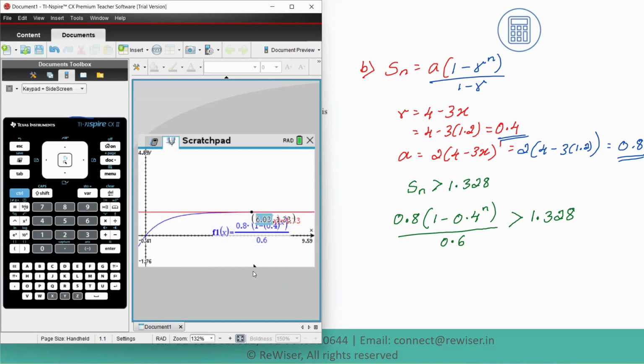Now, when the value of n is greater than 6.03, the blue graph is going to cross the red one. So the summation, this S of n, would be greater, which means n has to be greater than 6.03. Here we are talking about n as the number of terms.